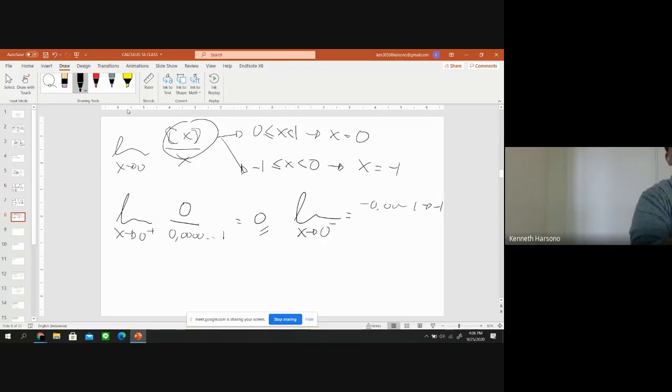And the bottom part is 0.1 minus, so this cancels out and gives 1 as the answer. So by comparing the left-hand side and right-hand side limits, we can conclude that the limit as x approaches 0 does not exist here. Any question here? Okay, we can continue to the next question.